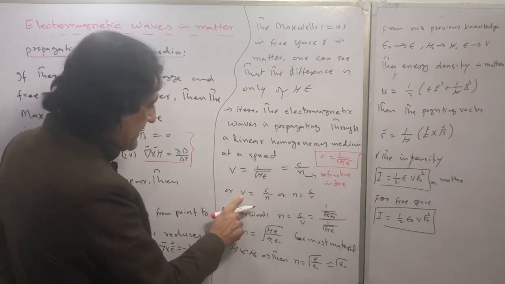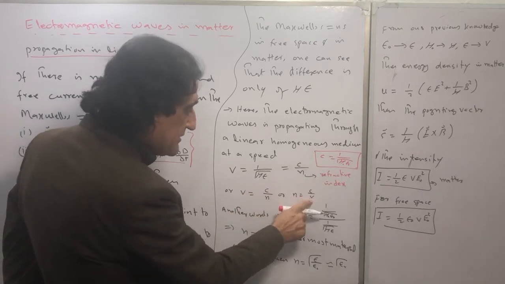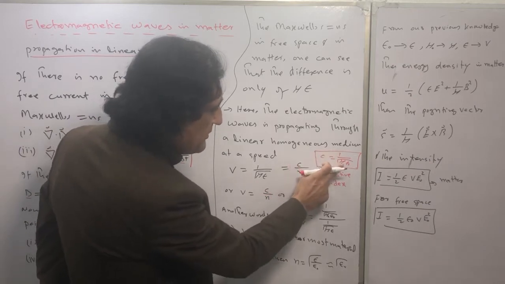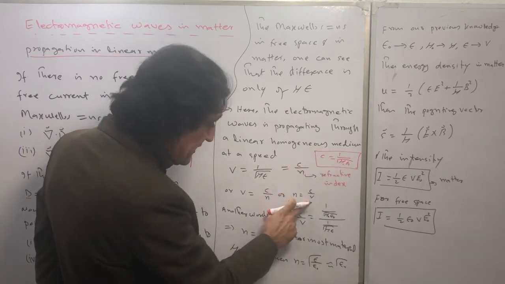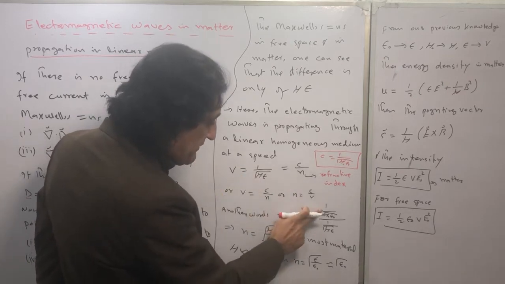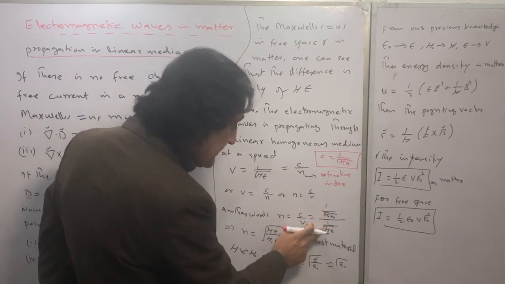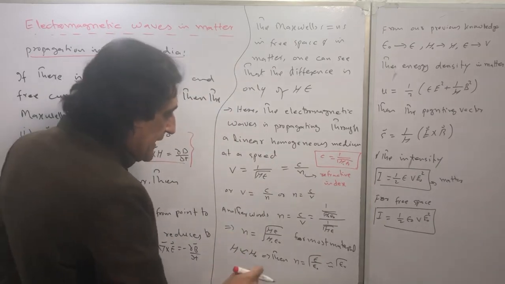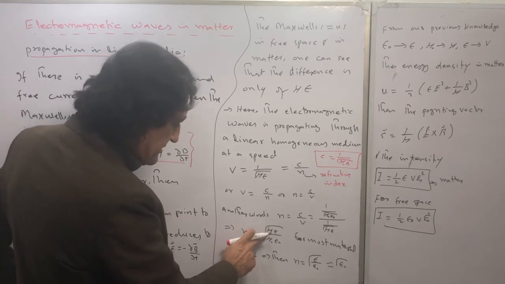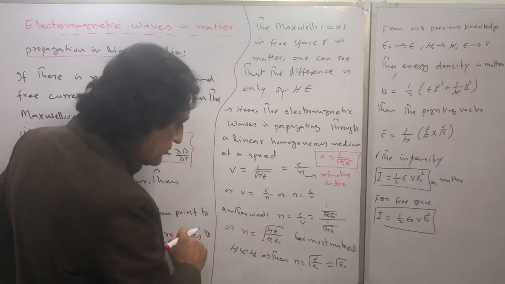Then we can write v equal to c divided by n, or n equal to c divided by v. Further, we know c is equal to 1 over the square root of mu naught epsilon naught, and v is equal to 1 over the square root of mu epsilon. If we put these values in, after some simplification we can write n as the square root of mu epsilon divided by mu naught epsilon naught.